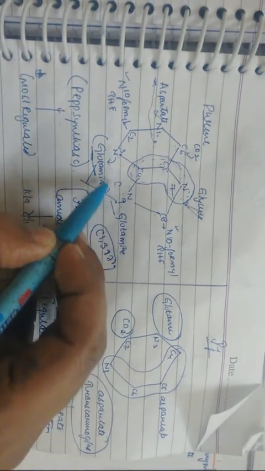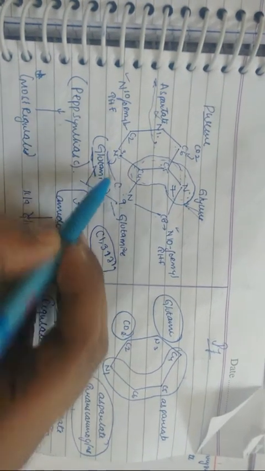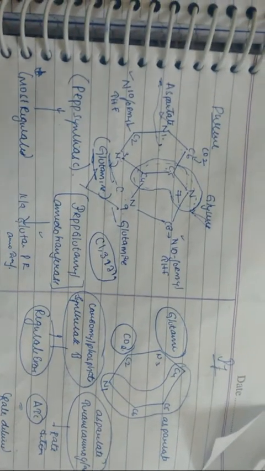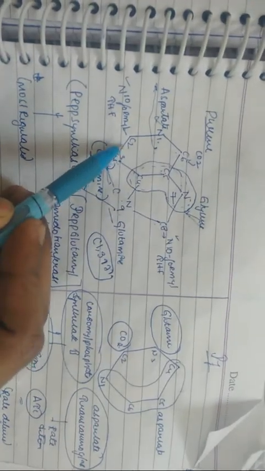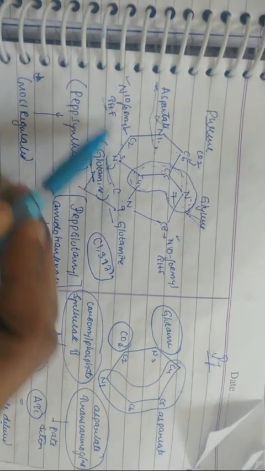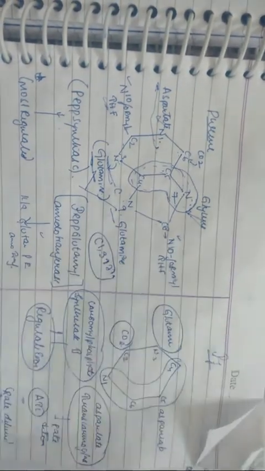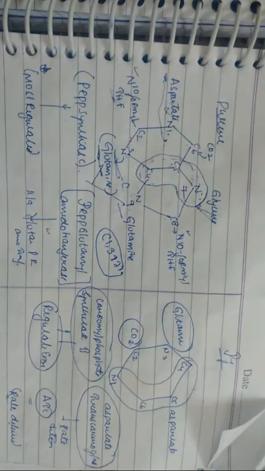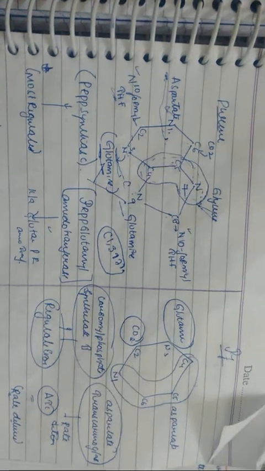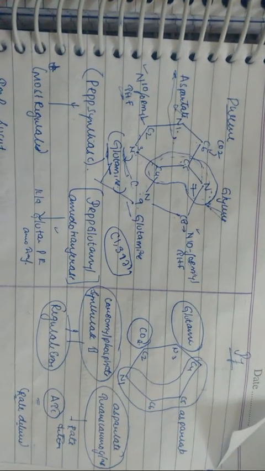Just remember glutamine. Now let's see the carbon donated to the second and the 8th positions. The carbon donated is N10 formyl THF. This is what you have to remember. They ask you the contributions also. So this is it for now. Let's meet in the next session. Thank you.